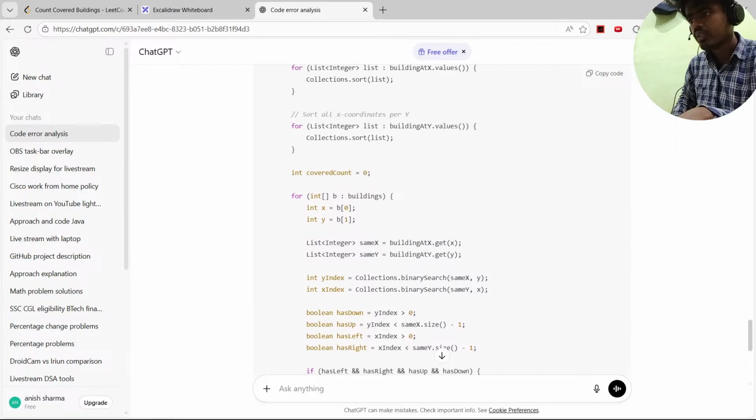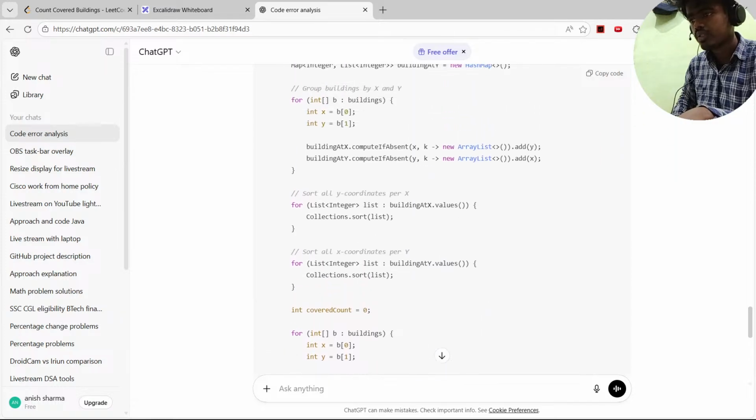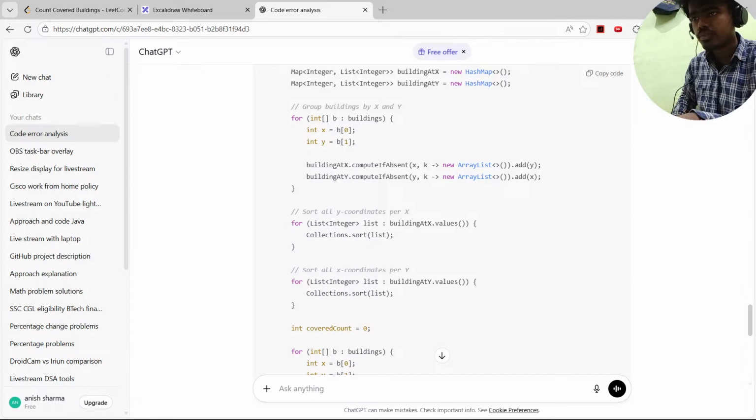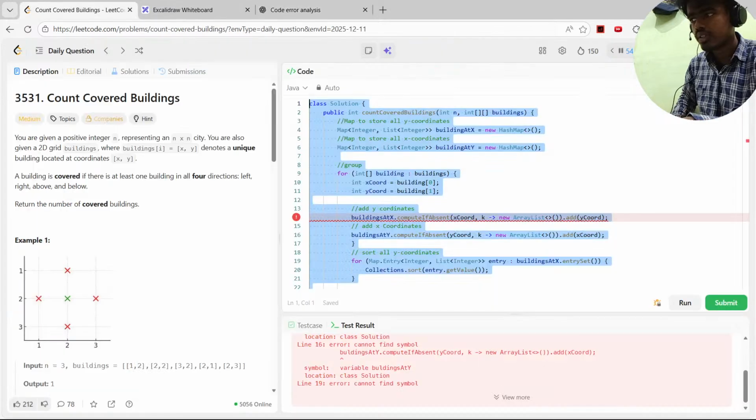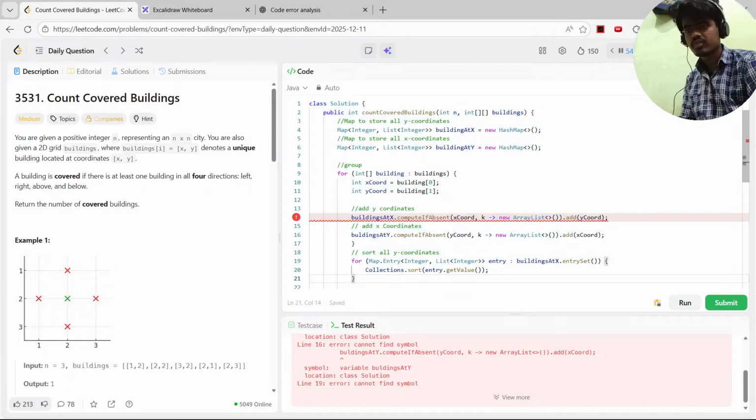Then you guys can see this code if he says right. Firstly I have to copy the code and let's see whether it is running or not, whether GPT is not saying wrong.